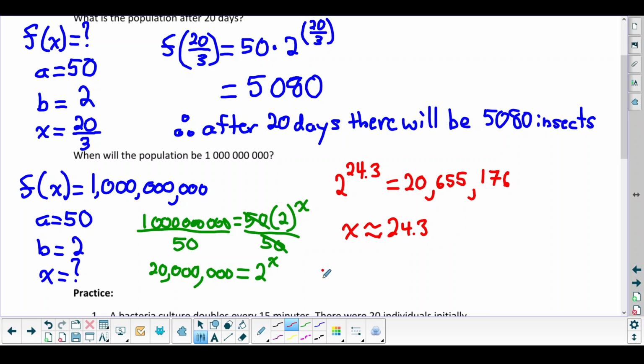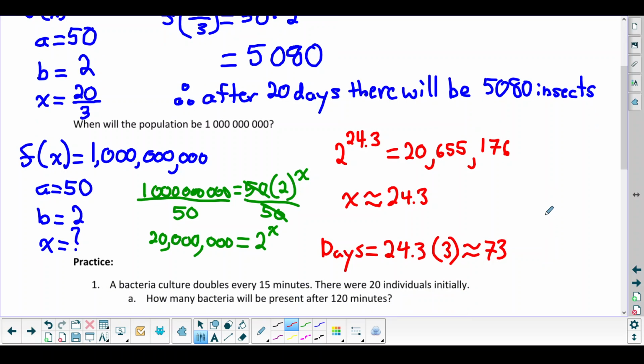So our days is going to be 24.3 times 3, because it takes 3 days for each double. And we can use a calculator and do that multiplication. We get about 72.9, 73-ish days. Okay, so we'll just say that's approximately 73. We're approximating at this point anyways, so we can do a little rounding.